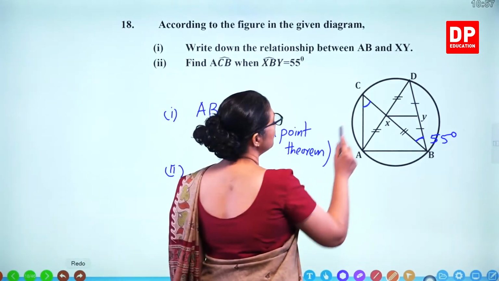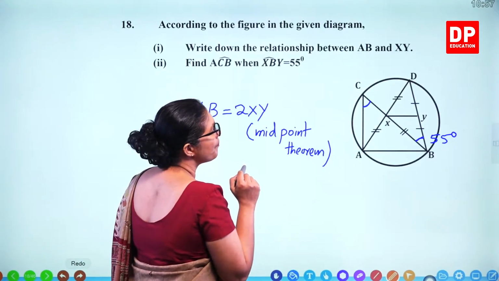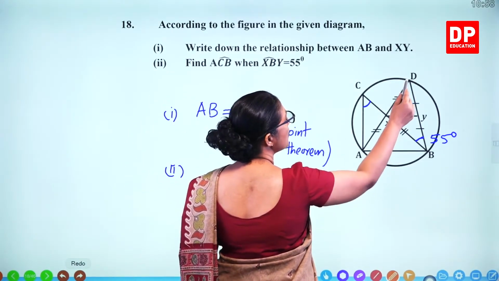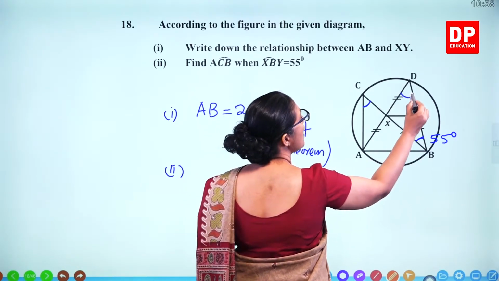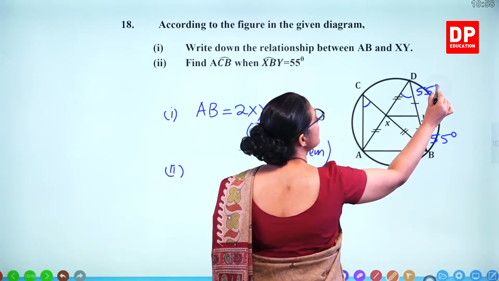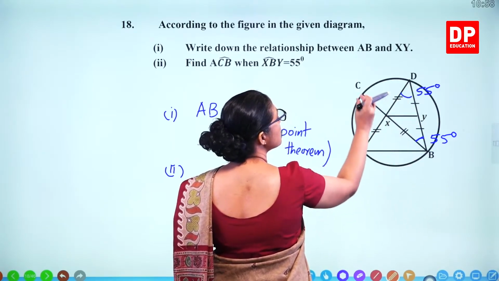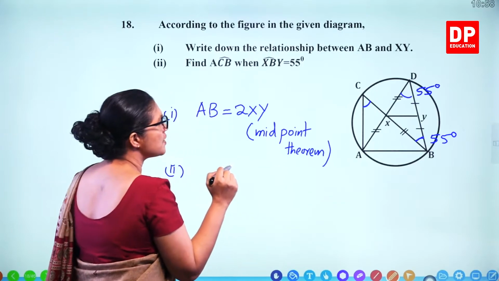Then what's ACB? This angle. Now look at this one here. This is an isosceles triangle. If this is 55, this is 55. And if this is 55, this is also 55 by same segment angles.